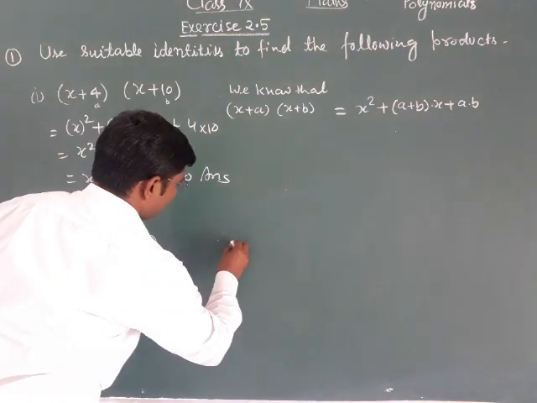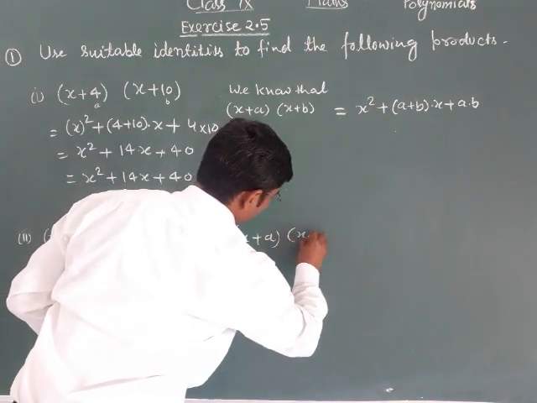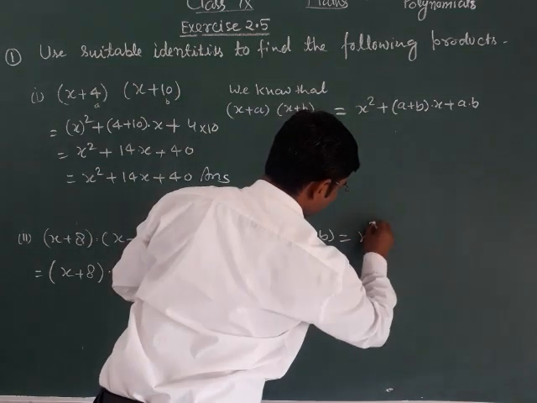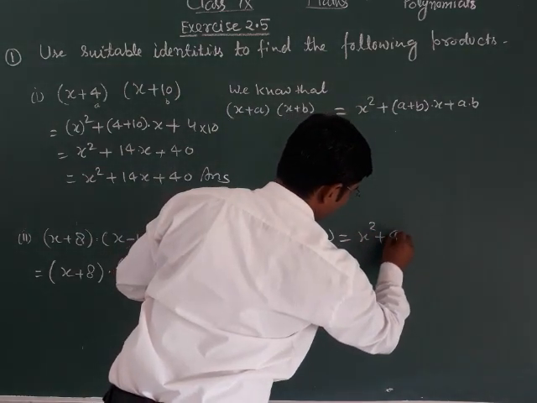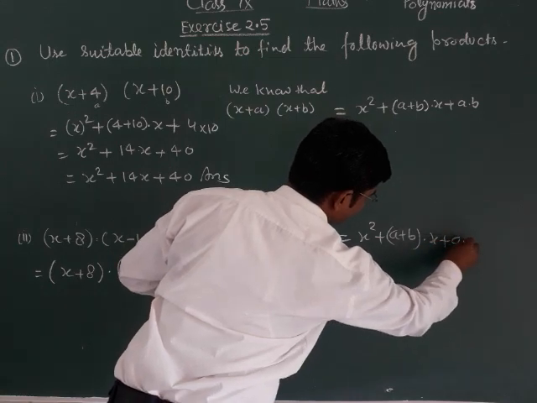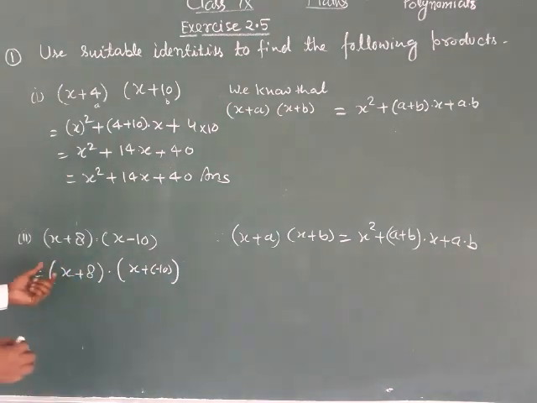Since (x + a)(x + b) is equal to x square plus (a + b) into x plus a into b, use this identity here.